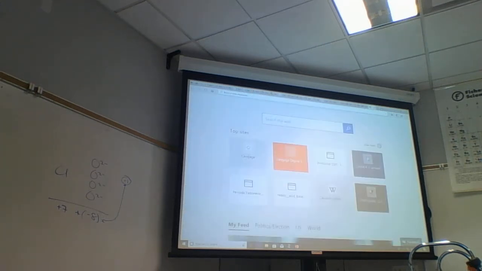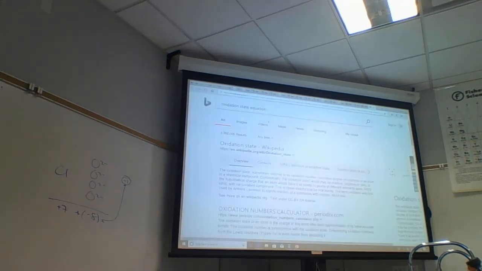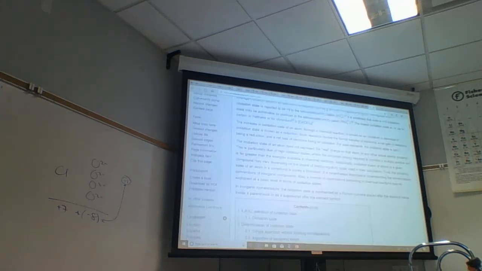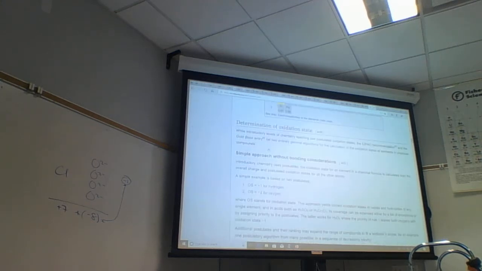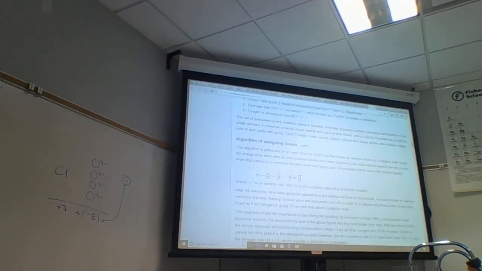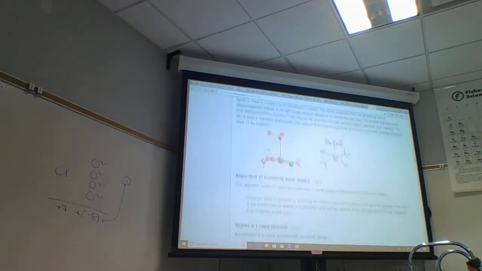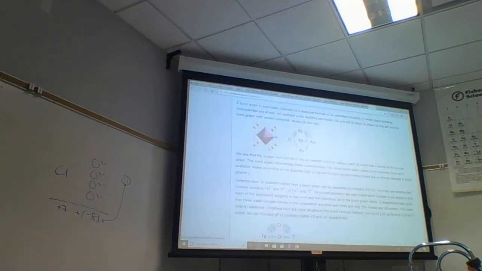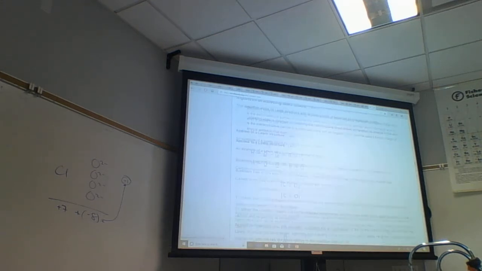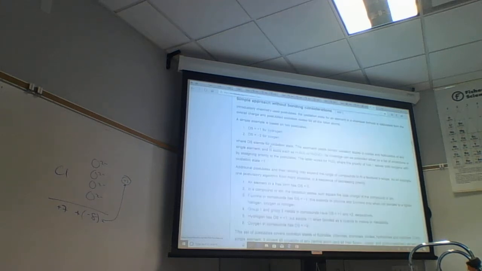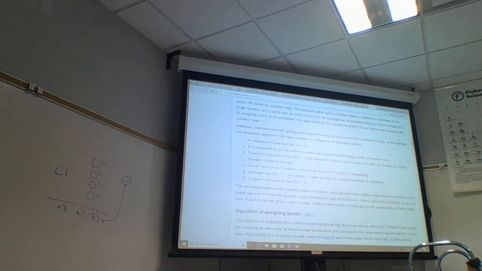It's not given in the supplement. Well, anyway, here are the rules for calculating oxidation states right here. Actually, this might be better than the rules we have in our book. These are the rules from Wikipedia.